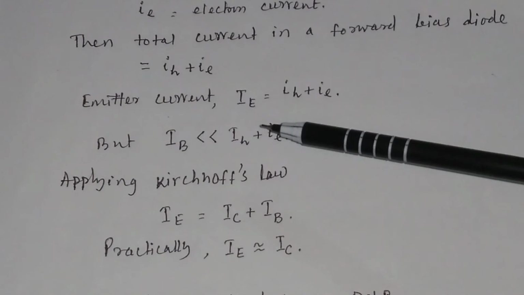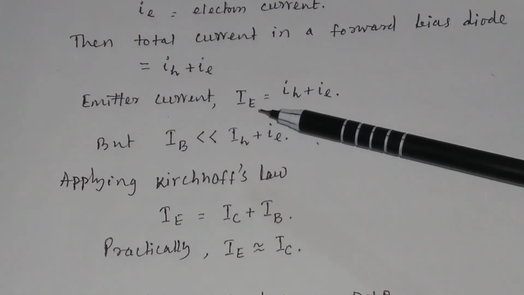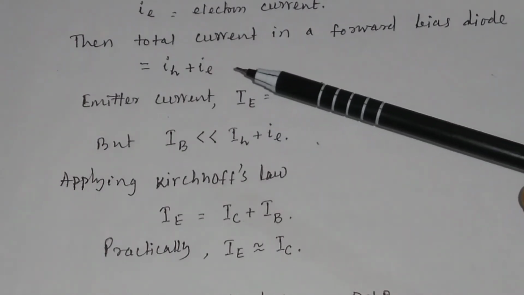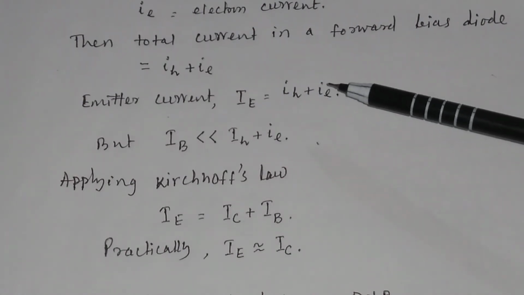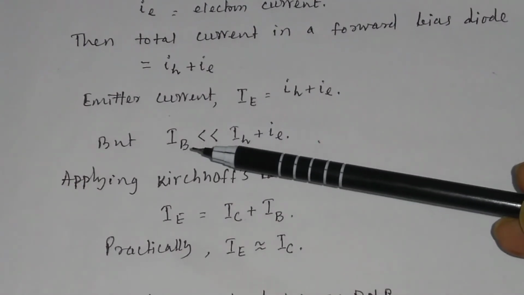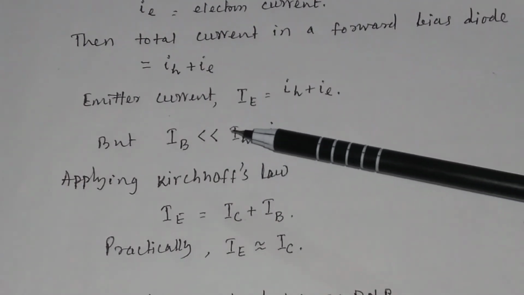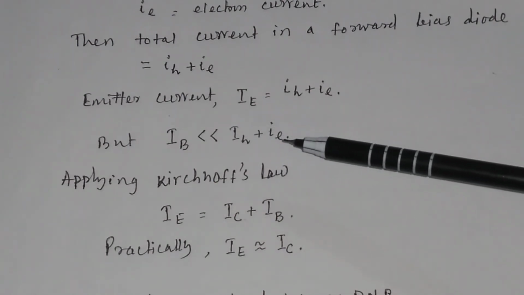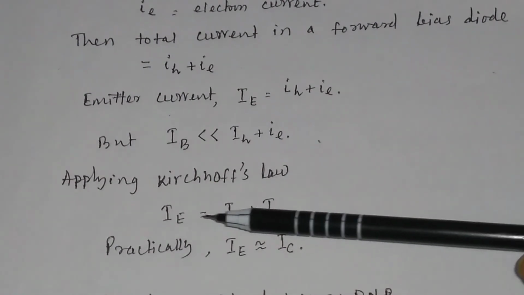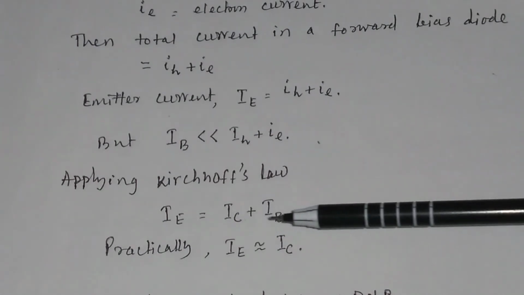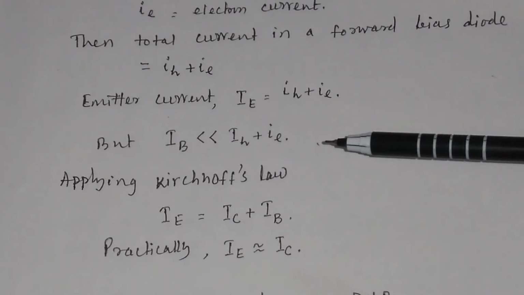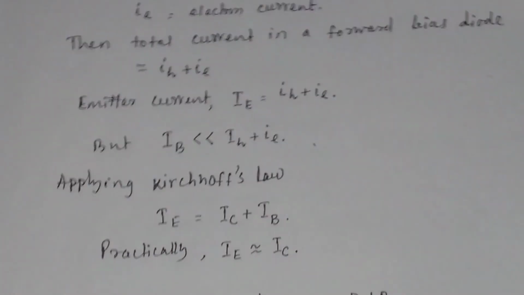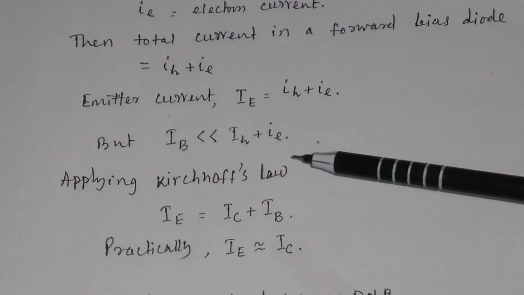So in transistor action, these two things we must take into account: the total current coming from the emitter is equal to the sum of the hole current plus the electron current, the base current is very much less than the total current due to hole and electron, and the emitter current is equal to the sum of the collector current and base current. This principle will be used in further transistor applications.